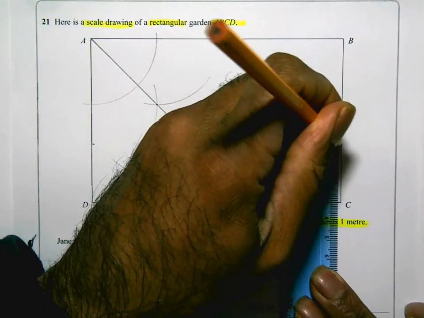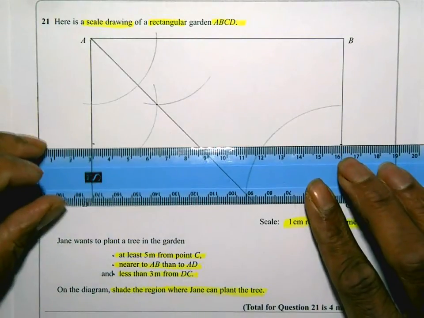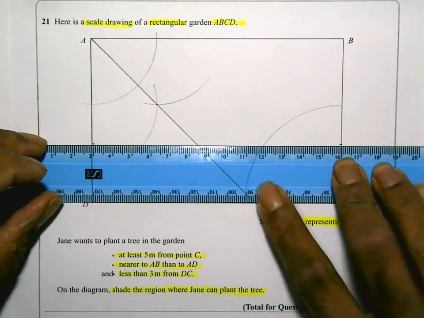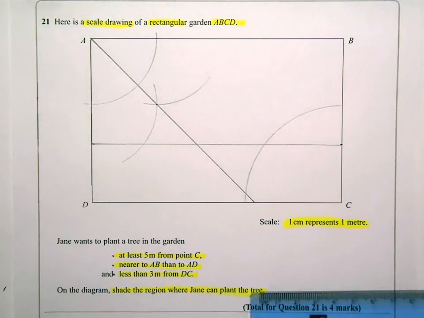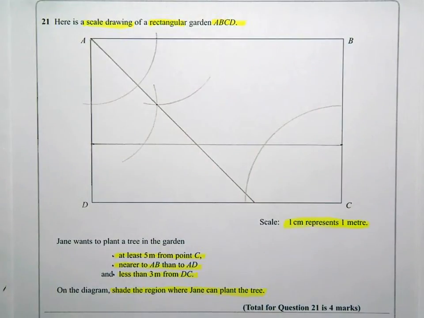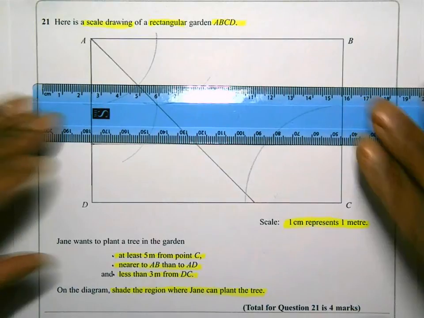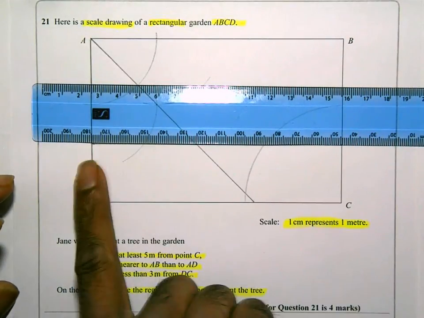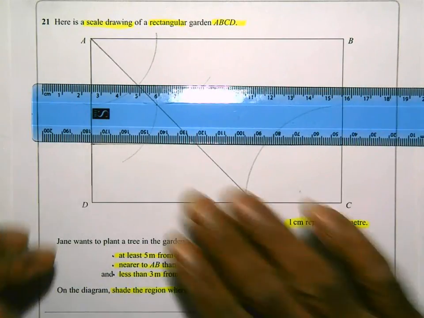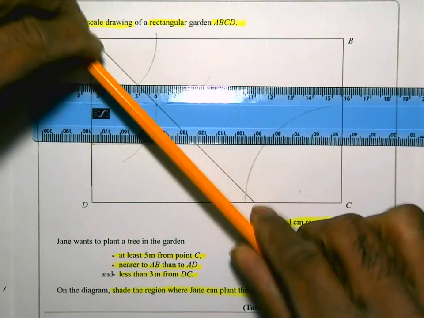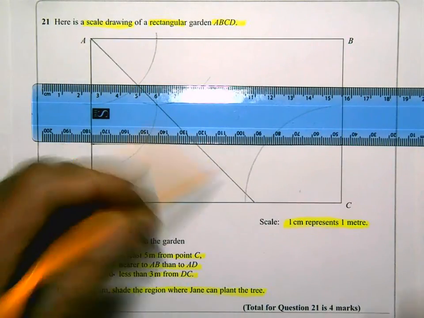Okay, joining up those two. That line there tells me that the tree can be in this region over here. But remember, it can't be inside the circle, and it can't be underneath this line. So that leaves me with this space here where the tree can be, and that's what they want me to shade in for my answer.